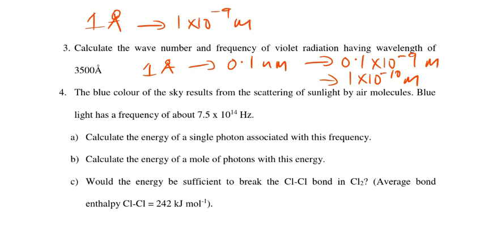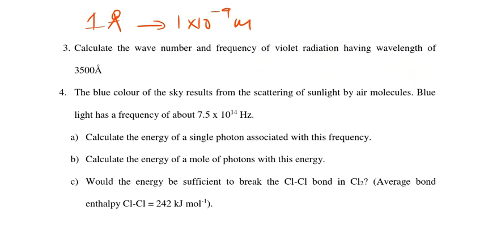We can easily convert our given value to meters by multiplying 3500 by 10 to the power negative 10. So what I'm getting is 3.5 times 10 to the power negative 7 meters.